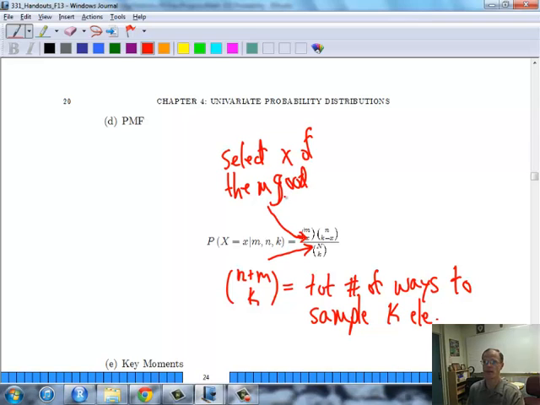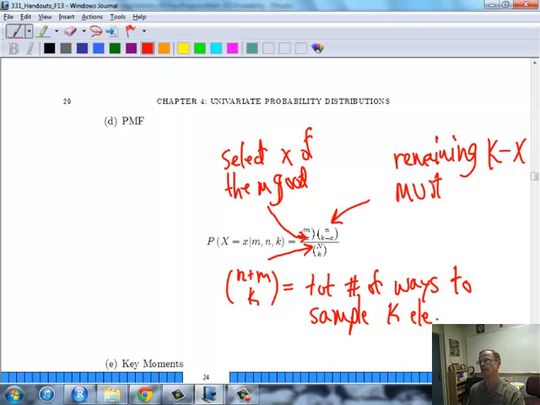And not only that, but the remaining k minus x must be bad, which means that they're coming from the n. So it's k minus x, choose n.